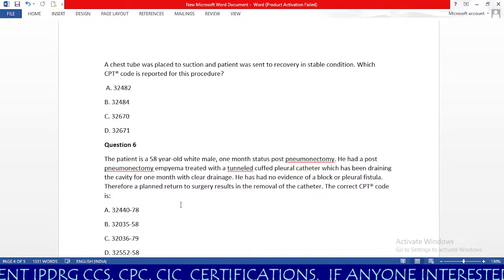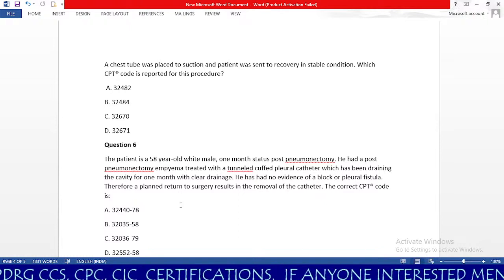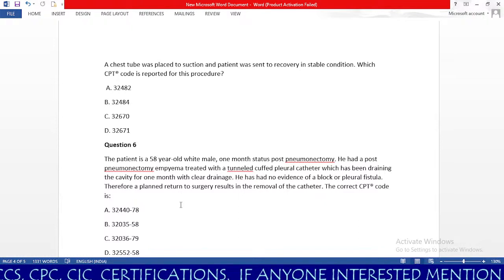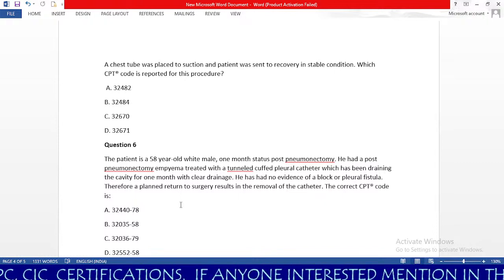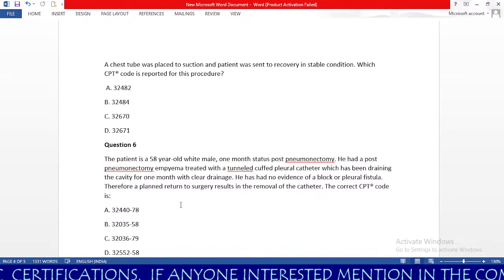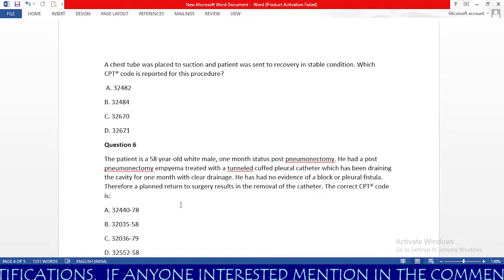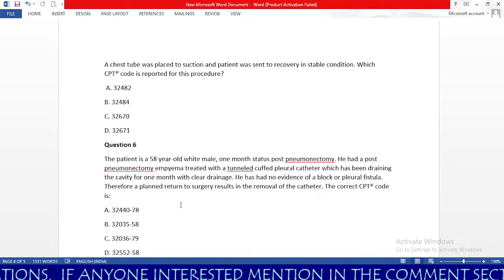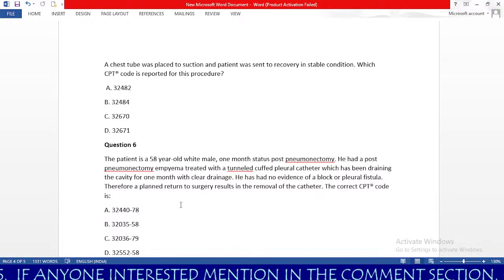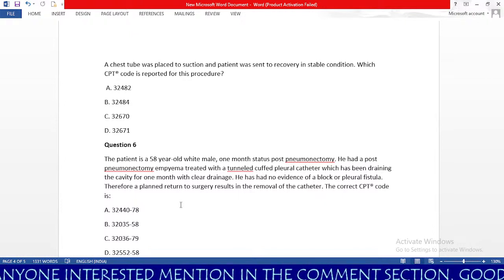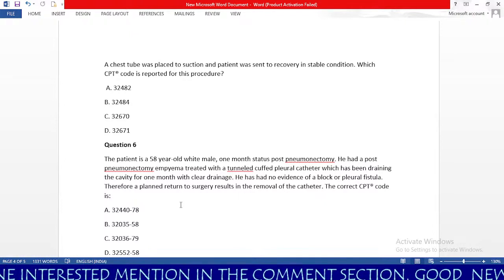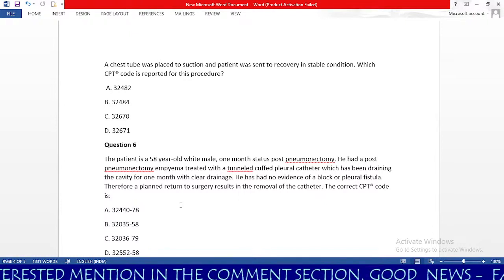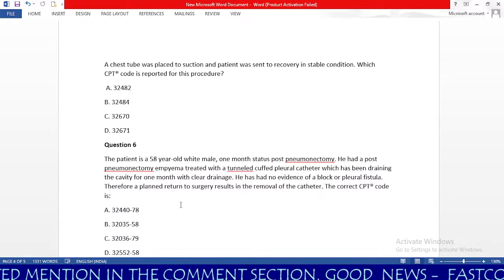So basically, it is a planned procedure. Planned means it is a staged procedure. So as it is a planned procedure, we need to use the 58 modifier. What is the 78 modifier? It is a repeat procedure by the same physician for a related procedure. But it is not a related repeat procedure. It is a staged procedure.